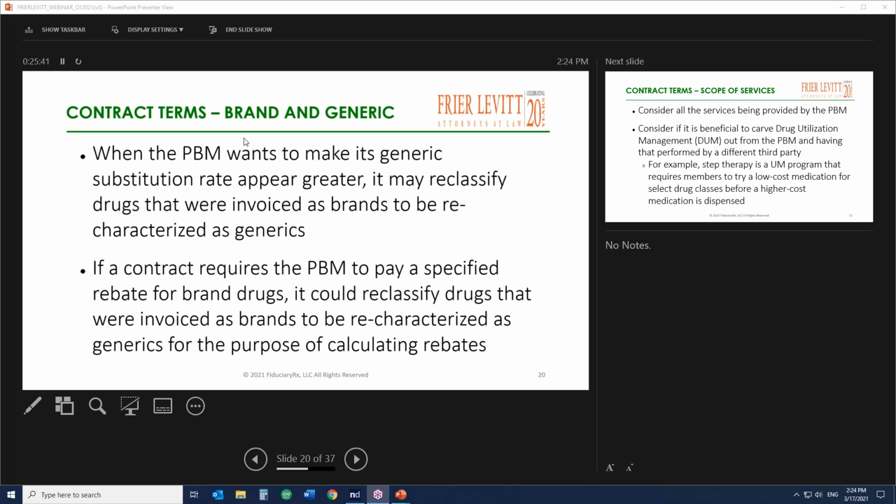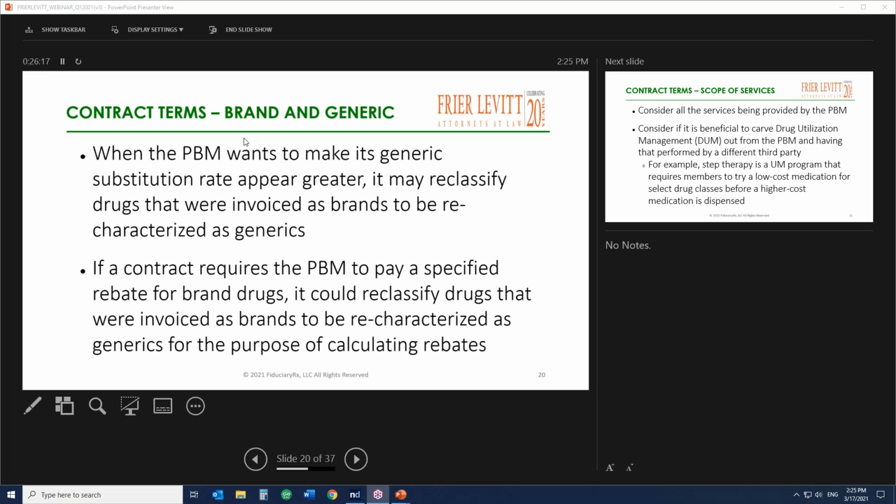Well, a PBM's contract with its network pharmacies, or PSAOs, may exclude single source generics from the GER, while it may include single source generics in their contract with plan sponsors. So in other words, PBMs can recoup millions of dollars from their network pharmacies, many of whom are independent pharmacies, using GER calculation while inflating its generic substitution performance guarantee to a plan sponsor by including single source generics in the generic drug category.